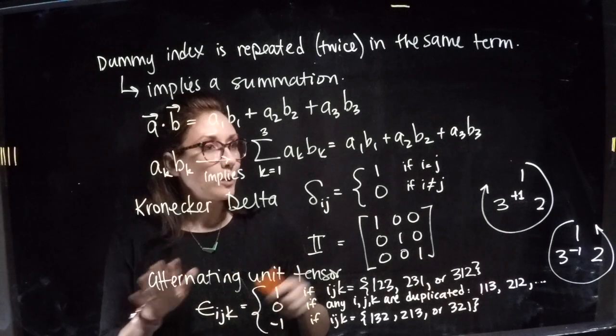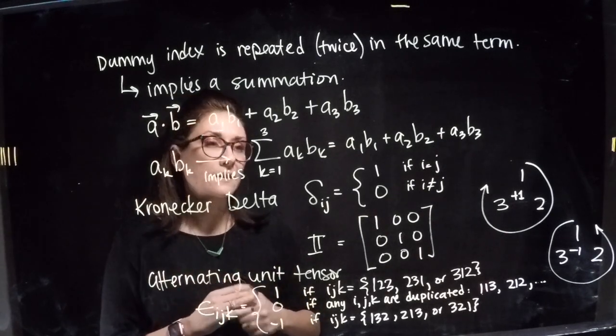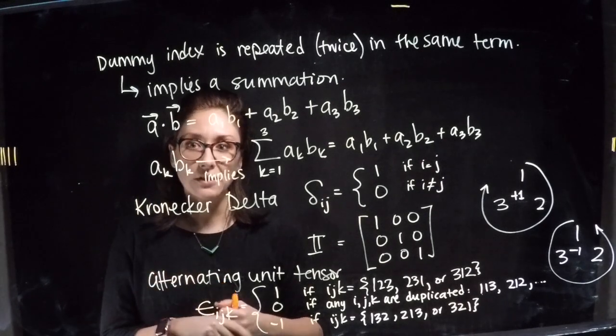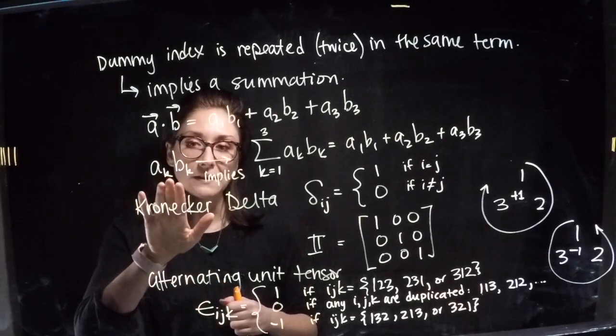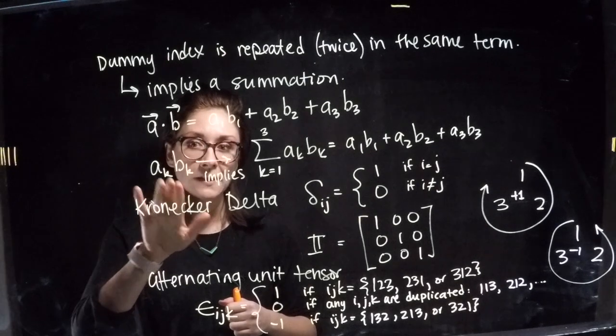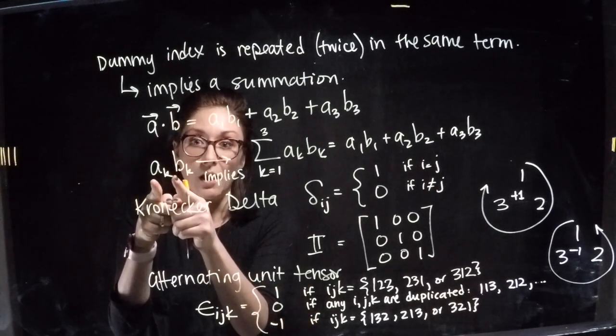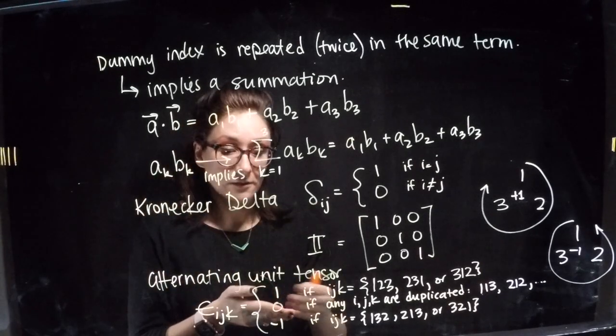All right, and at this point, I just want to note, and this is a really important thing to remember, when we write things in index notation, you'll notice that by putting the index on our terms, we're referring essentially to each individual component of a vector or a tensor, for example.